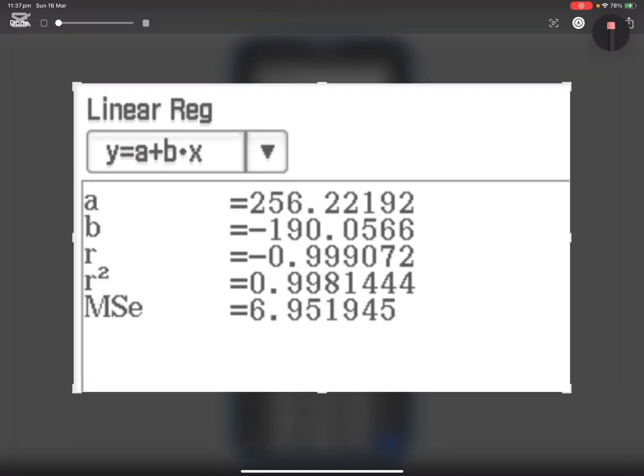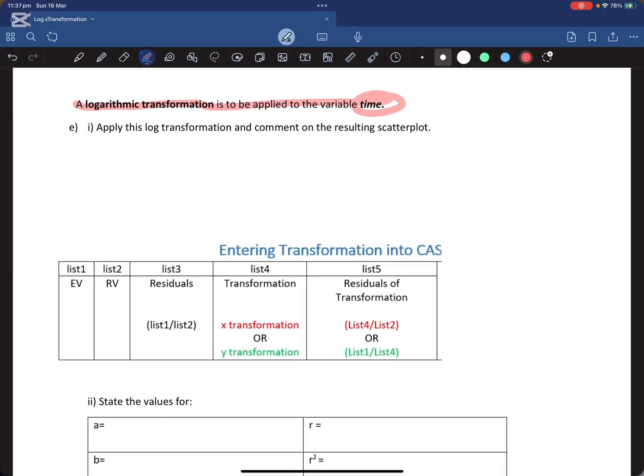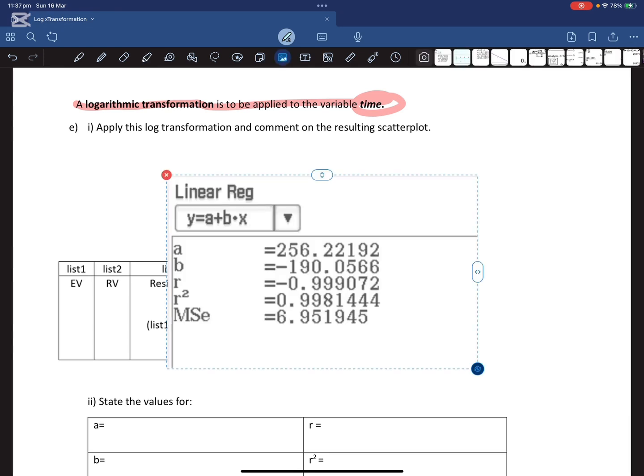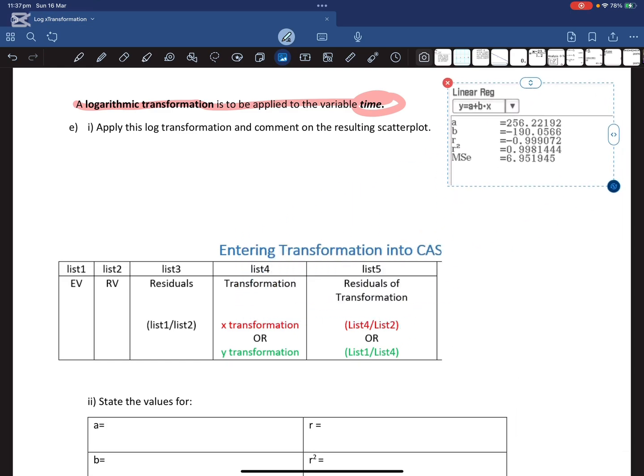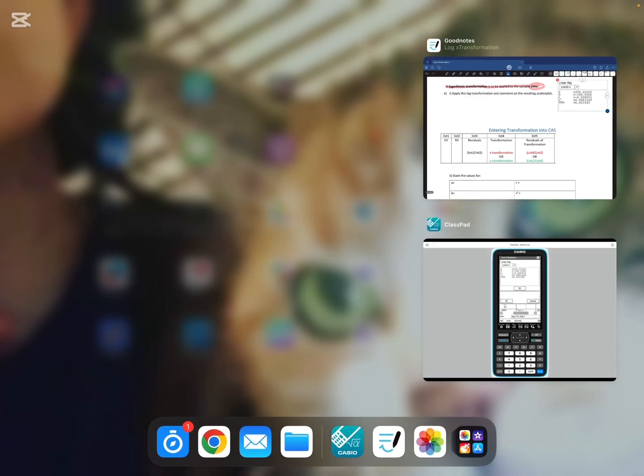So I'll just take a little photo of that, and I will put those here so I don't forget them. I'll go back to this.